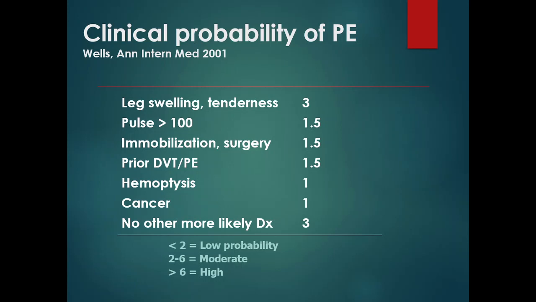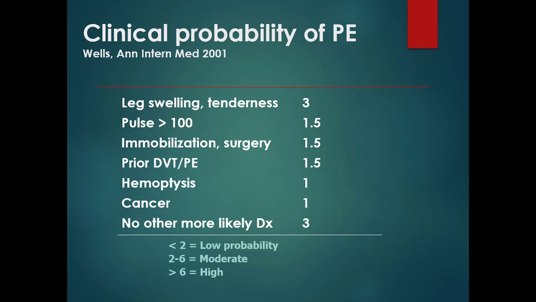What about the criteria of probability? Here is another probability score that we can use. For example, in this one, if you have leg swelling and tenderness, that gives you 3 points. Then tachycardia, immobilization, recent surgery, prior VTE, the presence of hemoptysis, presence of active malignancy, and there is no other likely diagnosis.